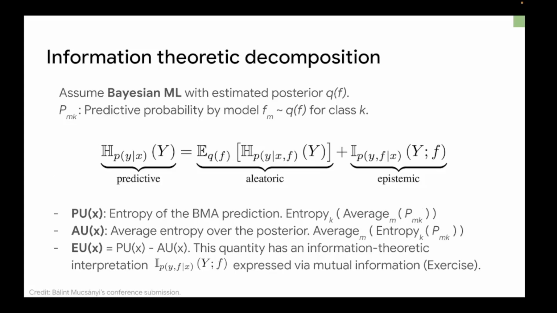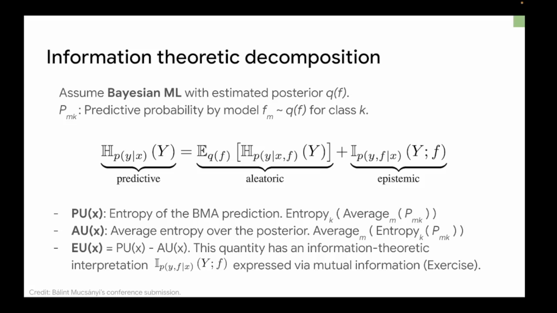There are some previous attempts at doing that. I'm going to introduce two here. One is using information theoretic decomposition. Here we have to assume a Bayesian machine learning framework, and we're going to estimate a posterior Q of F. I'm going to write down P_MK for the predictive probability for model F_M, which is a sample from the posterior, and class K. So it's going to be a matrix of predictions.